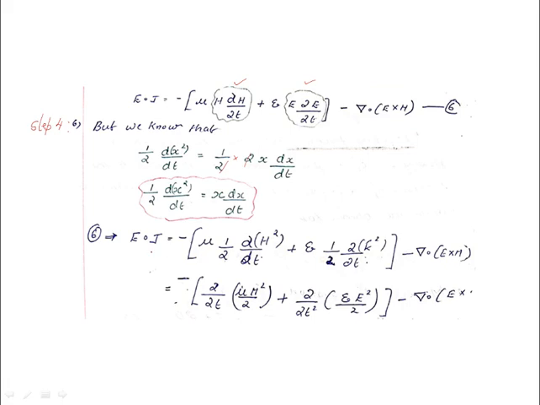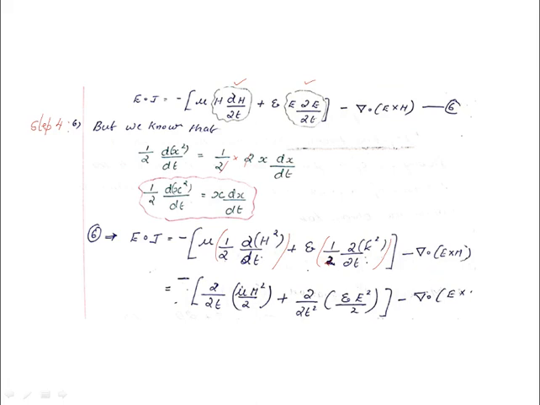So see, E dot J is equal to minus, we keep it outside, this term is also intact. So this term we have replaced. So H into dou H by dou T, we replace it by 1 by 2 dou by dou T of H square. Over here, epsilon take it outside, the rest of the term is E dou E by dou T, replace it by 1 by 2 dou E square by dou T, minus del dot (E cross H), right?